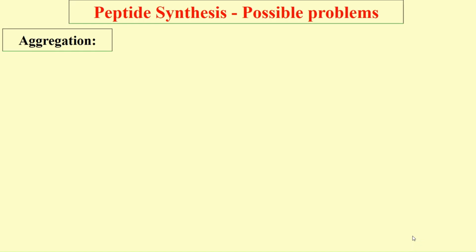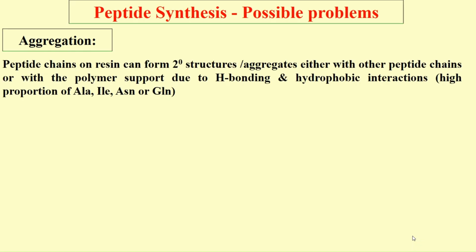One of the possible problems is aggregation. What is this aggregation? The peptide chain has the tendency to form secondary structures. These secondary structures which are formed are also called aggregates, and that's why the process is called aggregation.